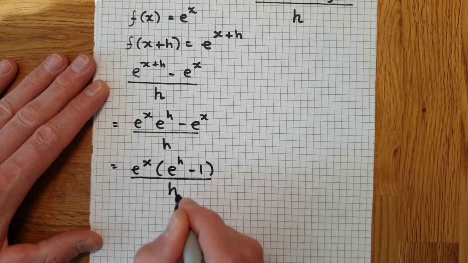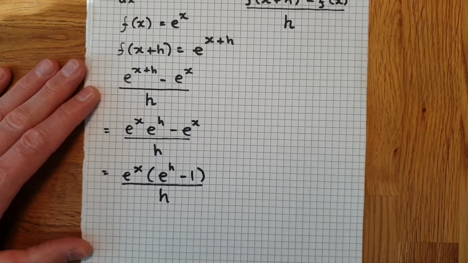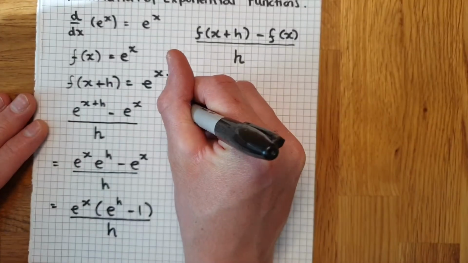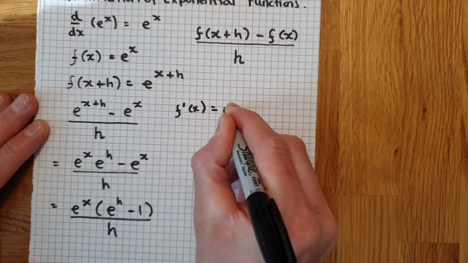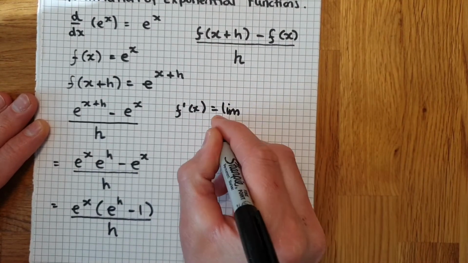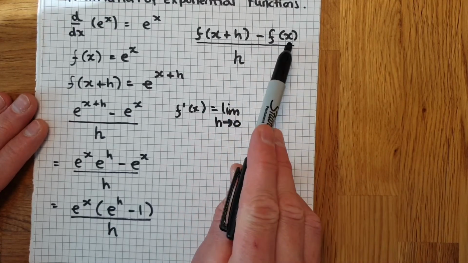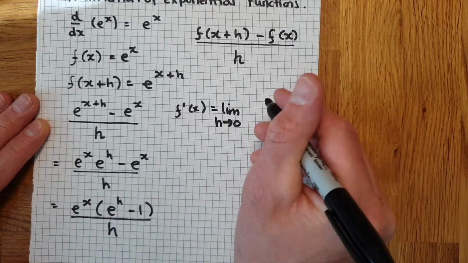All divided by h. We can then look at what happens with the limit. So to find the derivative, we need to look at the limit as h tends to 0. So it's the limit as h tends to 0 of f of x plus h minus f of x over h, which is this expression here.